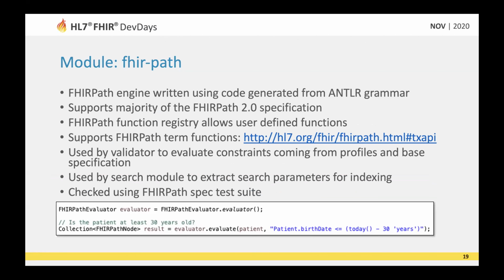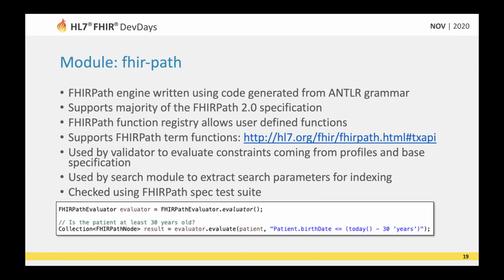The fhir-path module is a FHIRPath engine that was written using code generated from the ANTLR grammar that's actually distributed with the spec. So there's a concrete syntax tree, or a set of classes that represent the concrete syntax tree, and there's also a visitor of that tree.